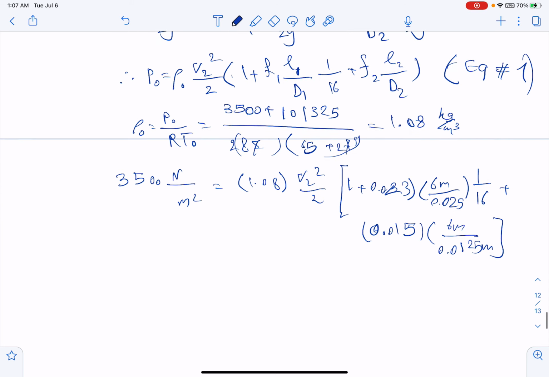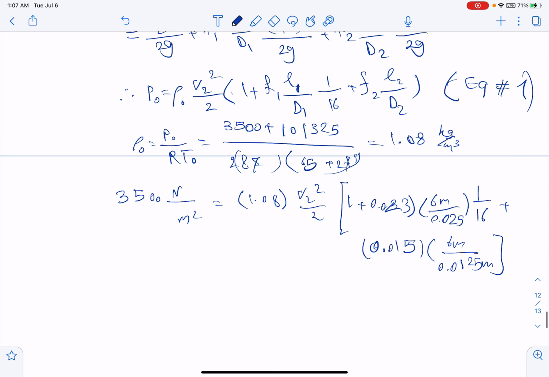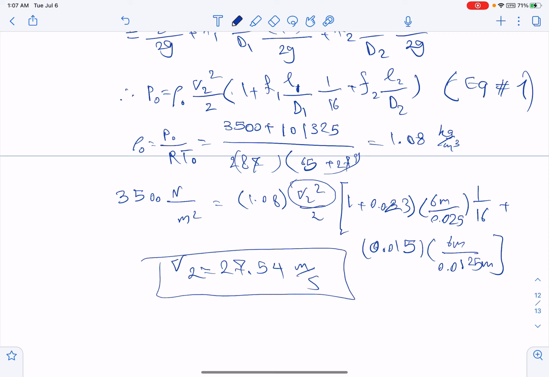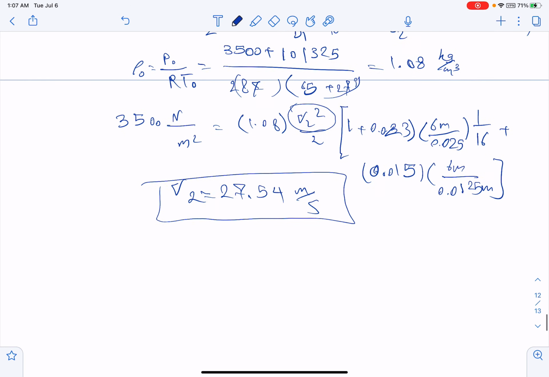Now we put in all the values, and if we solve it for velocity, the velocity is going to be 27.54 meters per second. This is what we get for that.